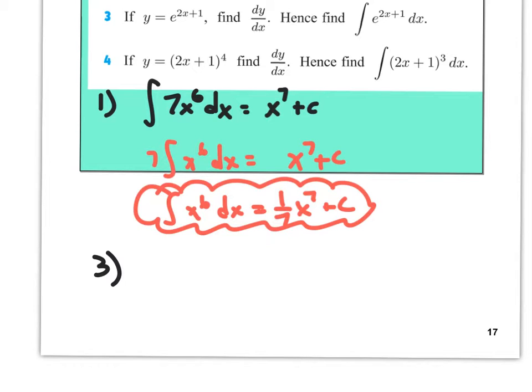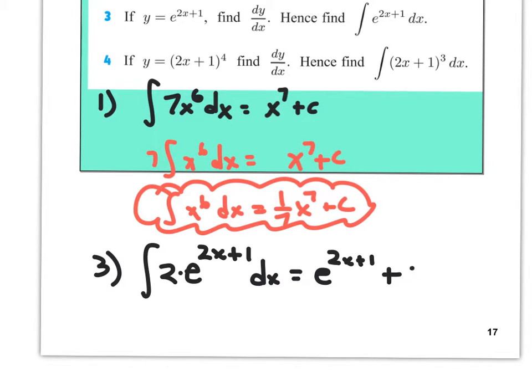Okay, the derivative of e to the 2x plus 1 would be itself times the derivative of that exponent. Therefore, the integral of that dx is equal to e to the 2x plus 1 plus c.